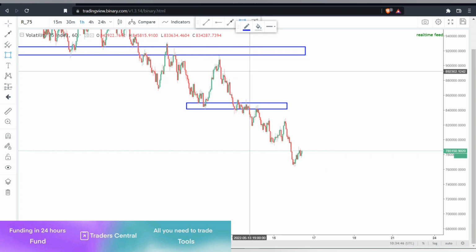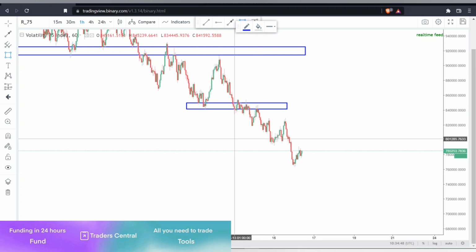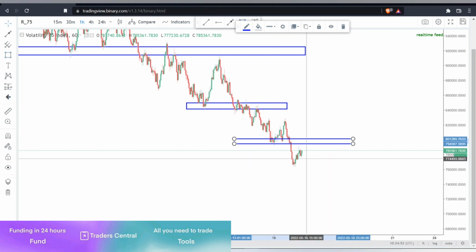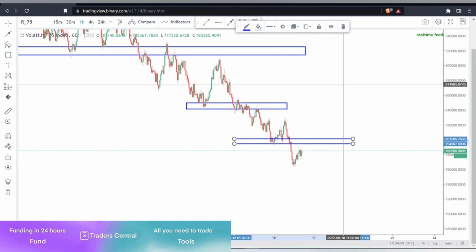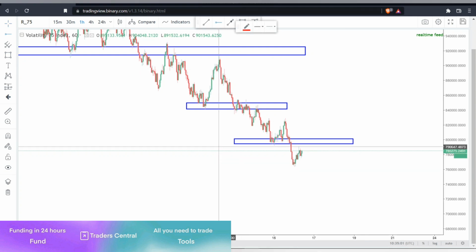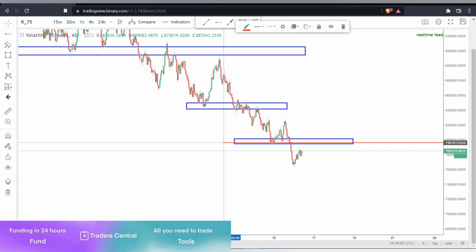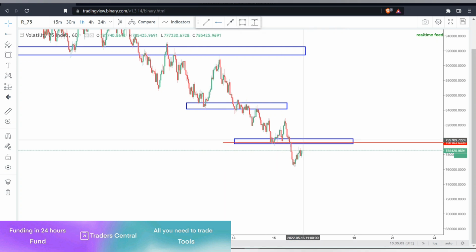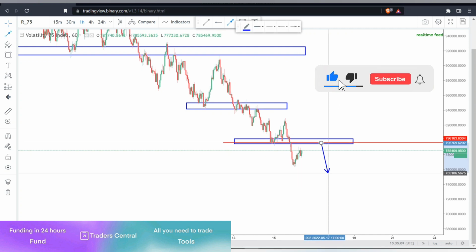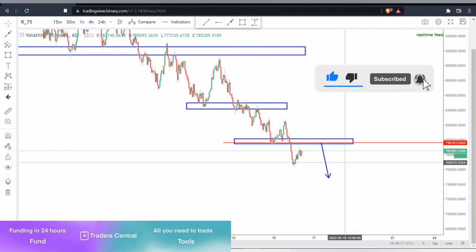Okay, I could have waited for the market to approach these levels, for me to expect a possible entry to the downside. But again, only if the market gives me multiple weak rejections as an extra sign of exhaustion.